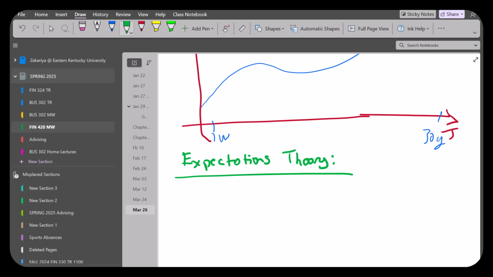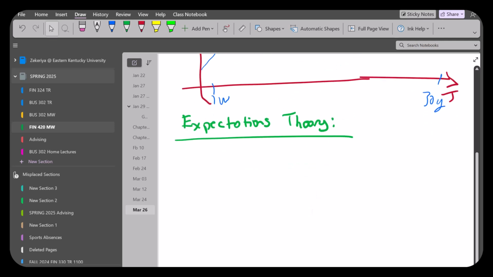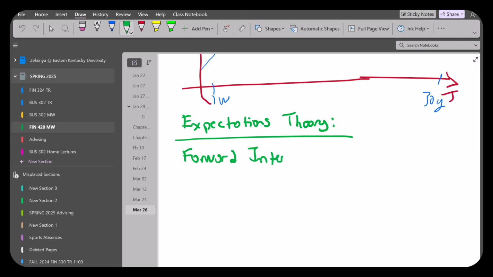Or if the shorter term interest rates are going to be lower, at least for a brief time, longer term interest rates could be lower. And that all goes through the so-called forward interest rates. Expectation theory thinks of forward interest rate as the interest rates that market is expecting to happen in the future. And they pretty much derive all of that.